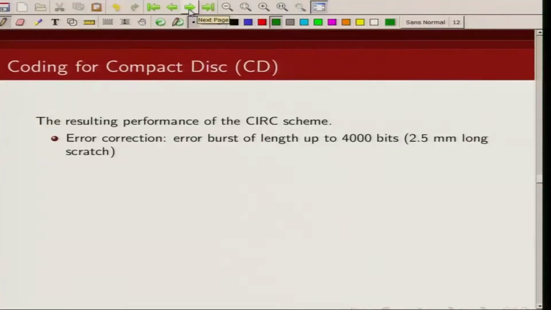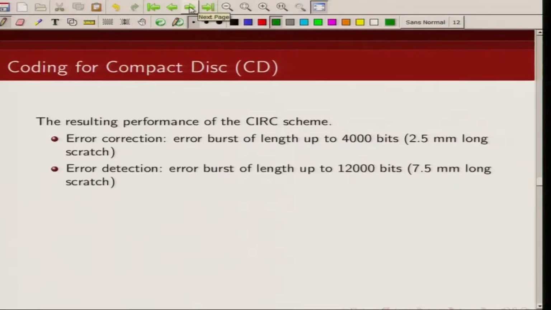A CD disk can correct error bursts up to 4000 bits. Try putting a scratch of 2.5 mm, your CD will still work, I can guarantee that. It can detect errors up to 12,000 bits, so it can detect errors of up to a 7.5 mm long scratch.